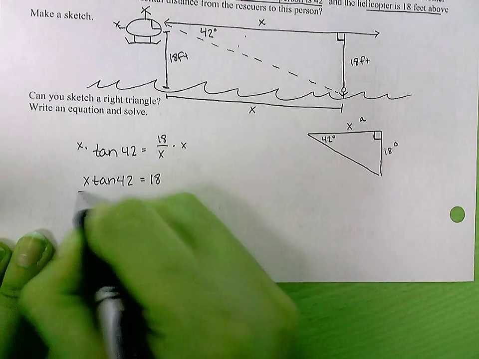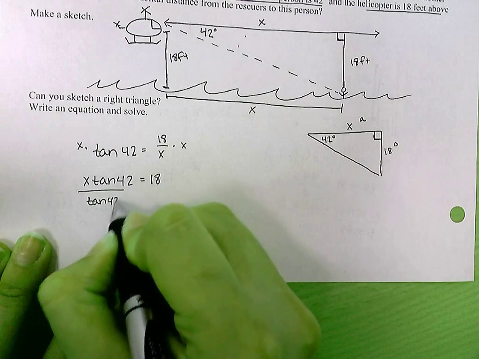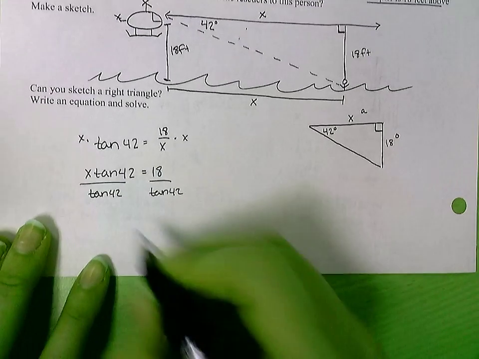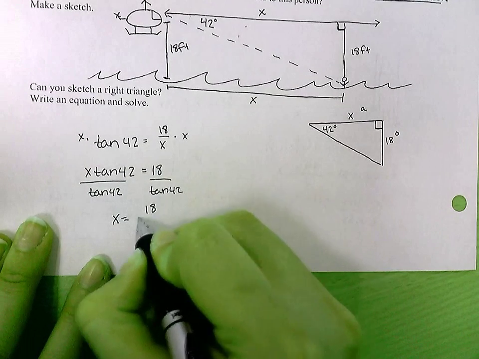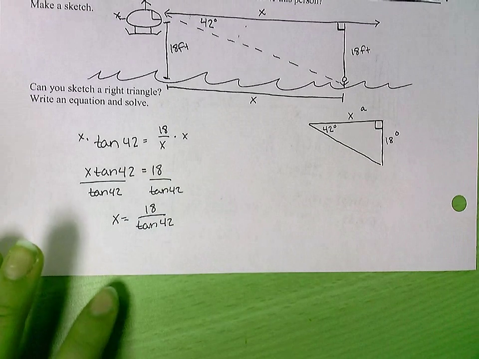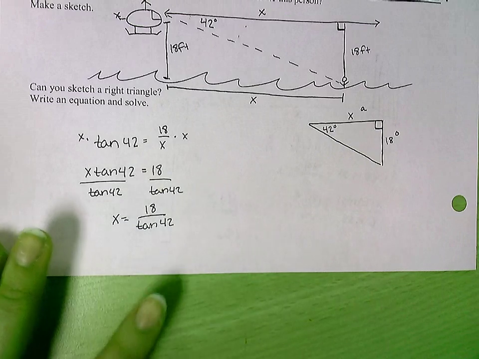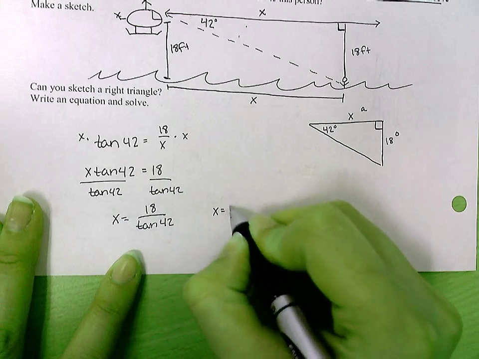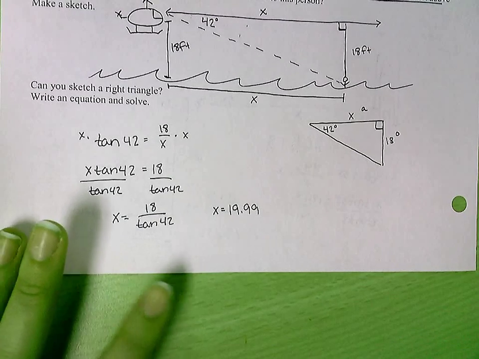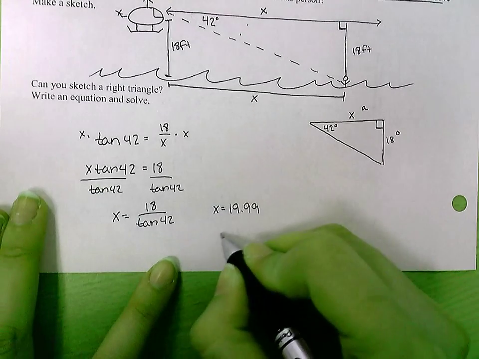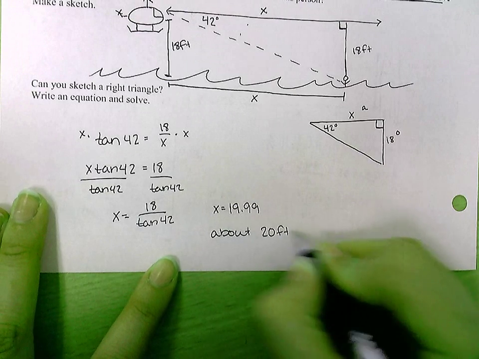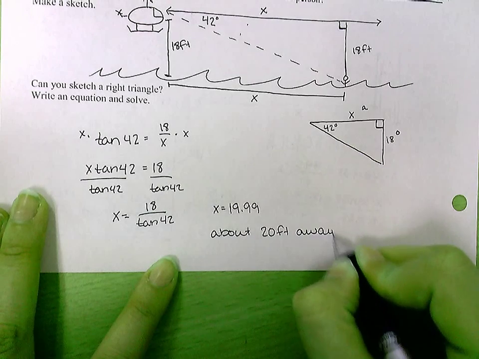Divide both sides by the tangent of 42, so I get x is equal to 18 over the tangent of 42. Again, plug that into your calculator. I got x is equal to 19.99, so I just wrote about 20 feet away.